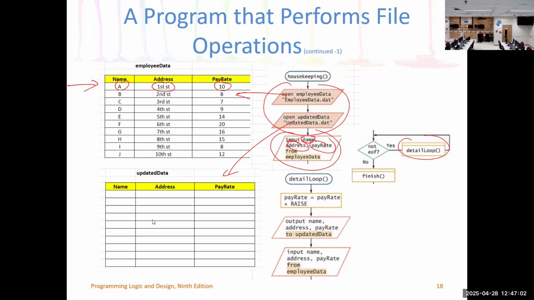So I go to detail loop here. I just increase by 12 here. So I copy everything the same. I put A here, I copy the same, I put first street here. This one, I store number 12 here. And now I read the next record. I do the same and store here until the end of the file. Right? Okay, that's all. That's the process here.